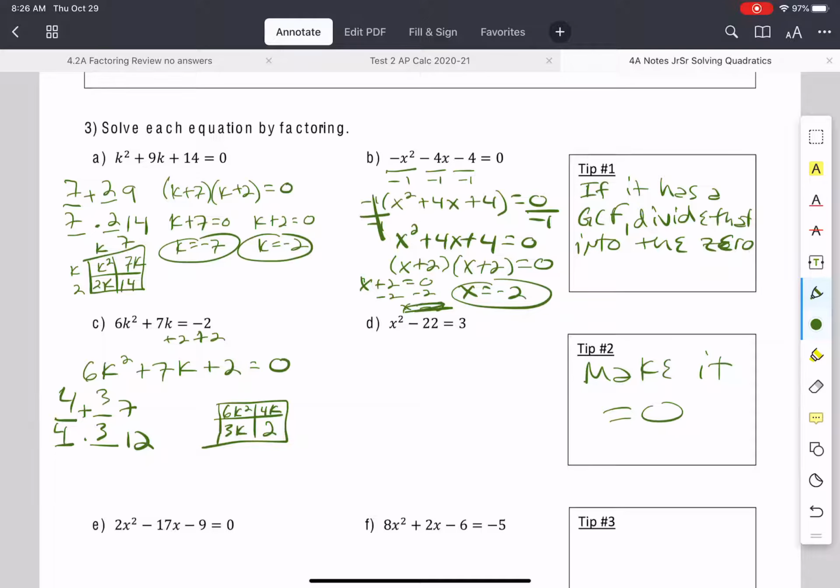Okay, so I filled in my box. Now I'm going to start pulling out my GCFs. First row is 2K.